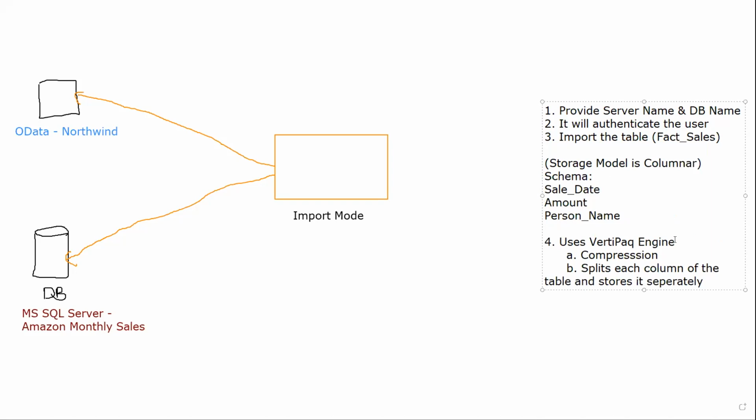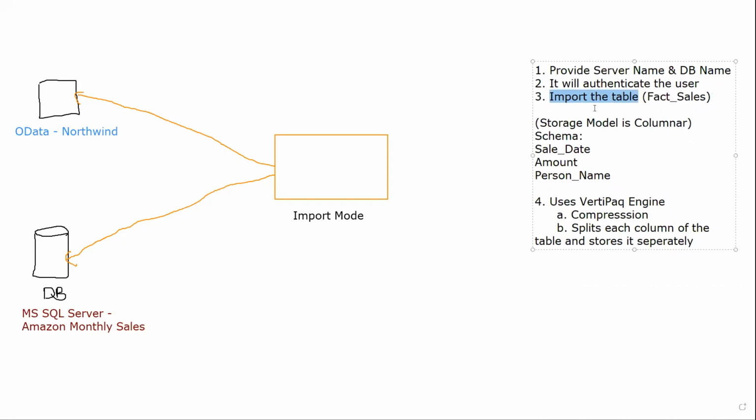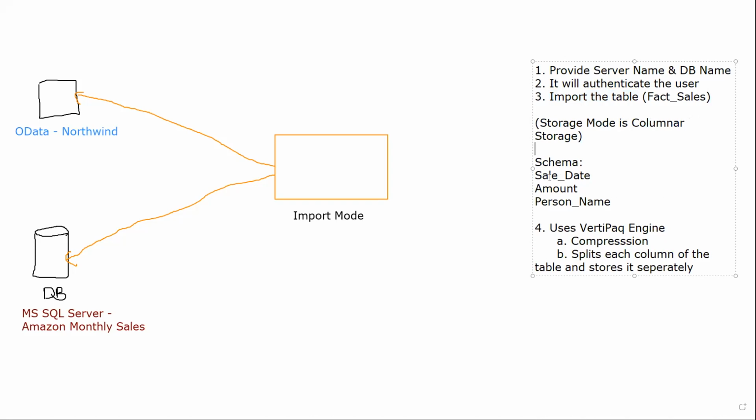So the key terms from here are server name, database name, authenticating a user, importing a table. You guys should be practicing using this terminology because it's really important. And then the storage mode Power BI uses is the columnar storage. And then the schema, where we took the example of sale date, amount, and person name.